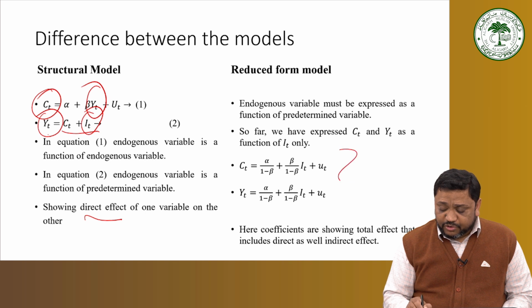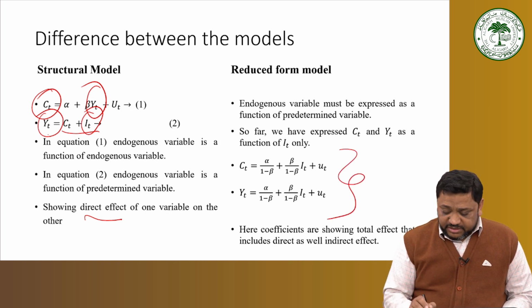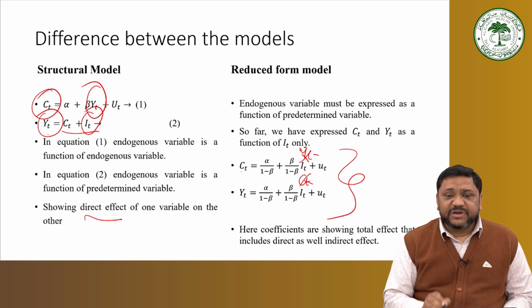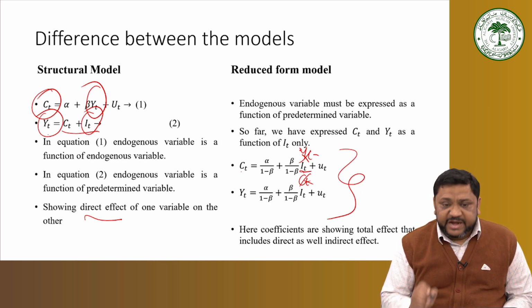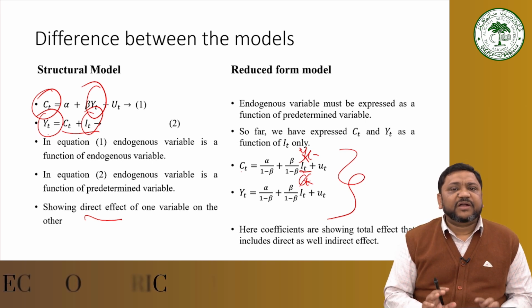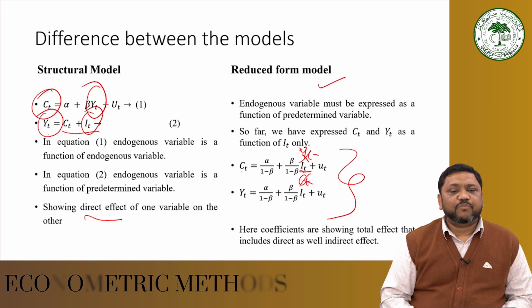When we move on to reduced form models, there is no element of either y or c. Since there are no such elements, Ct is explained as a function of it only, and yt is explained as a function of it only. This being the case, this is a reduced form model.